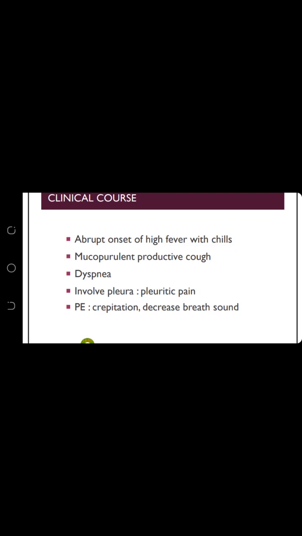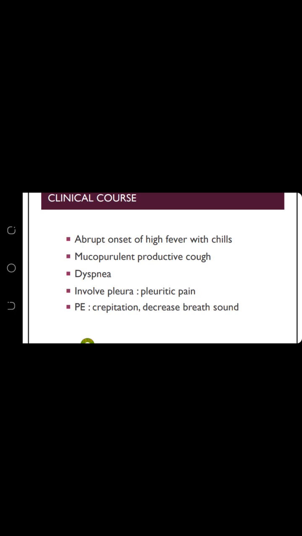Number one, we have an abrupt onset of high fever with chills. So someone will experience high fever with chills, swelling, and then mucopurulent, which is just a productive cough, where a person is coughing continuously.